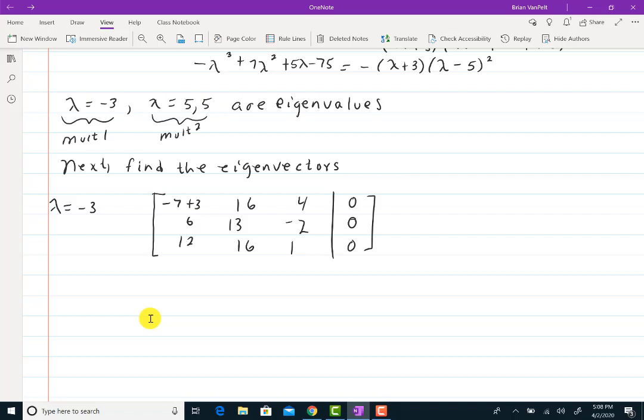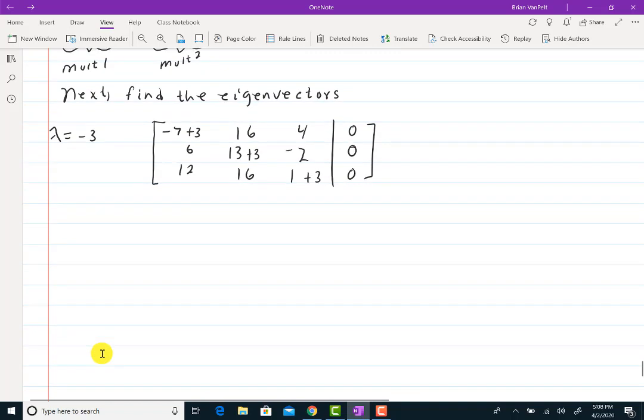So there's a +3, a +3, and a +3. This is where we have the negative lambda right here. Let's go ahead and work this. I'll get -4, 6, 12, 16, 16, 16, 4, -2, 4.